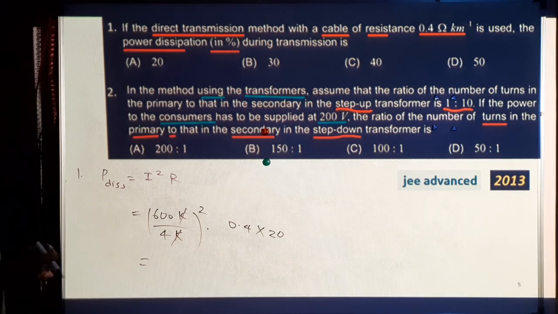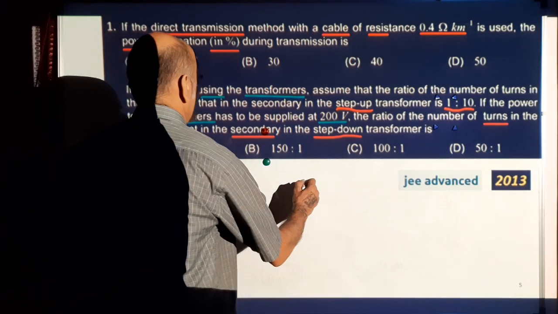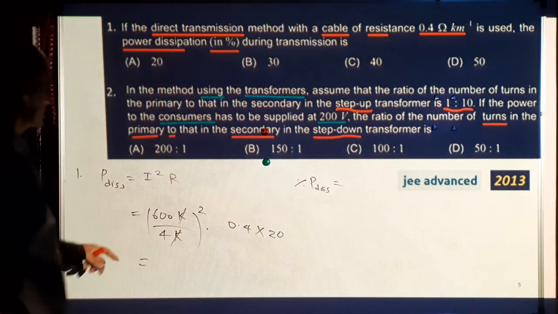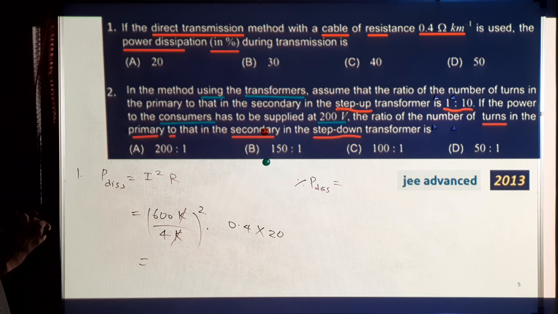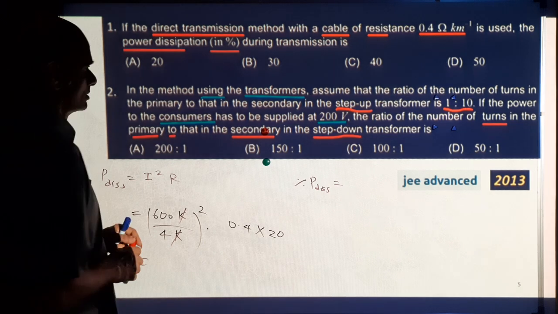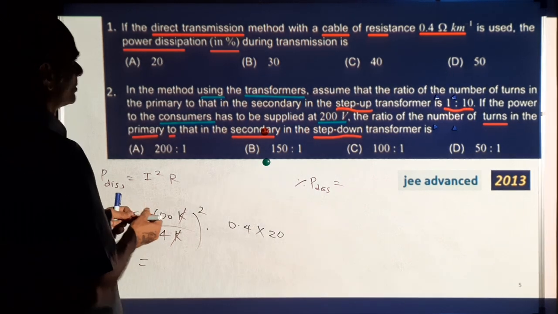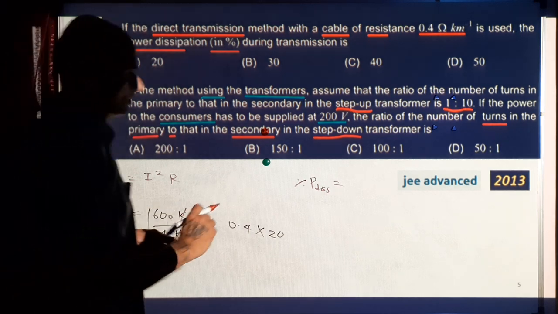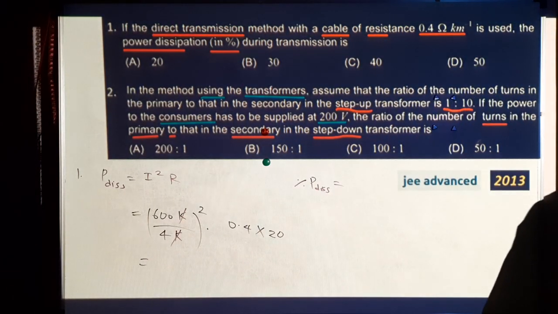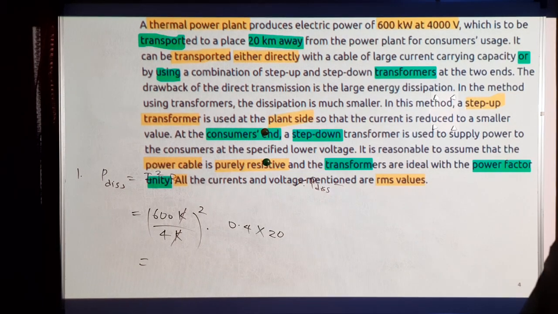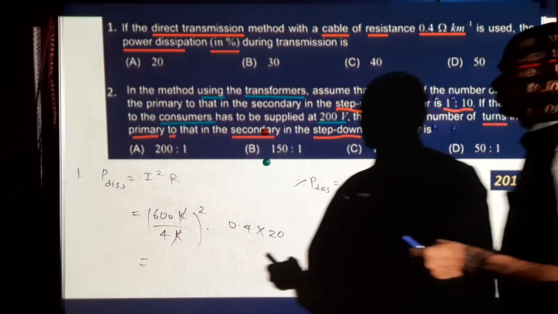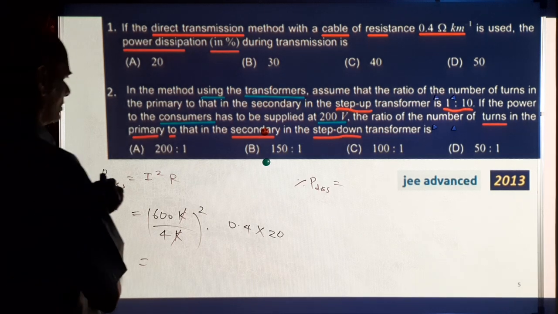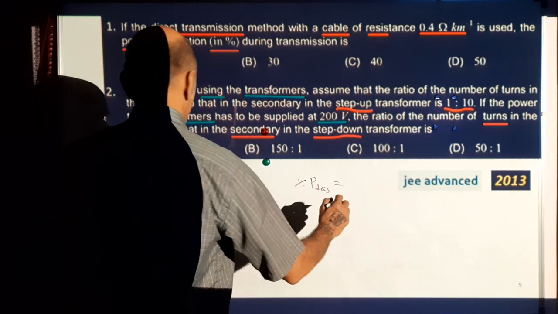Another thing is we have to find the percentage dissipation. Percentage dissipation is this one divided by the power of the input plant, which is 600 kilowatt.